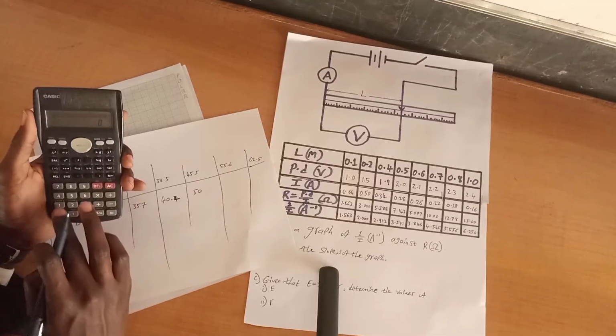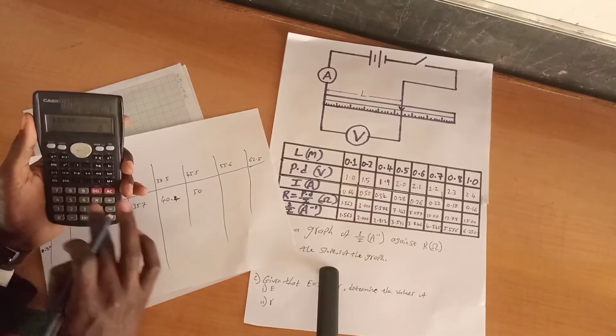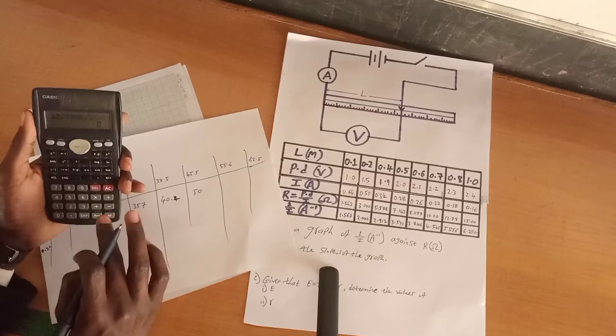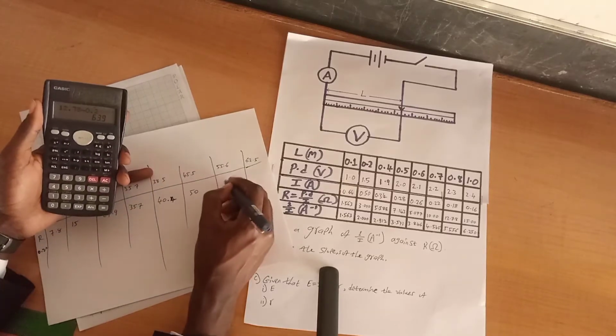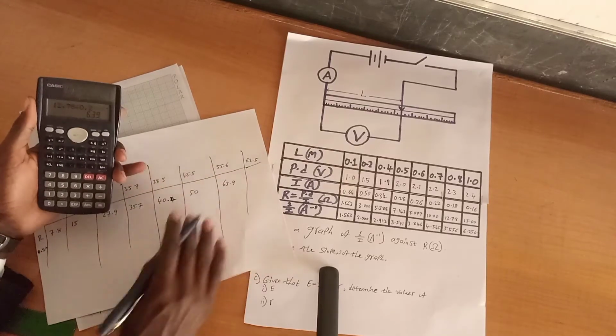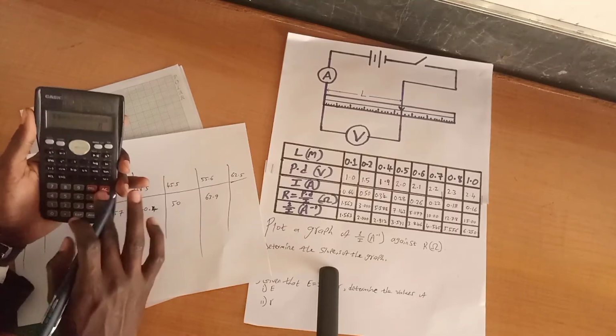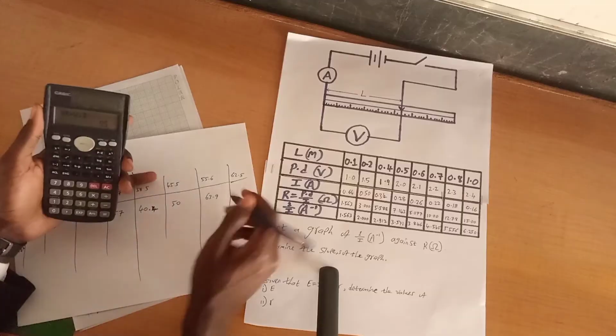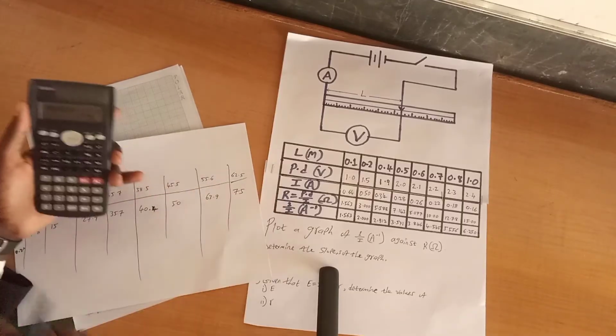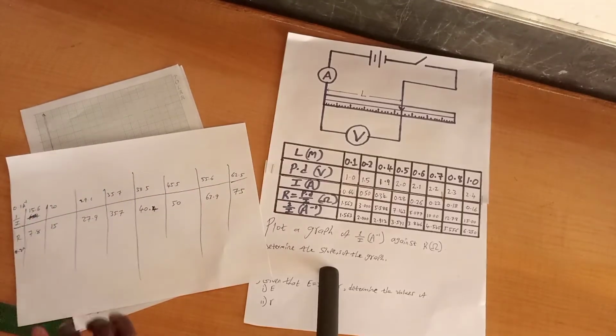Then we have 12.78 divided by 0.2, 63.9 squares. Then lastly 15 divided by 0.2, these are 75 squares. So these are the number of squares we have.